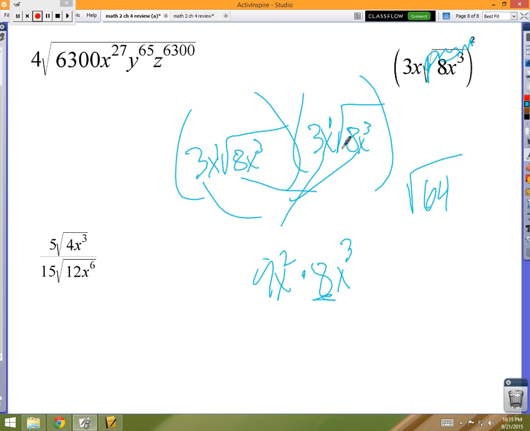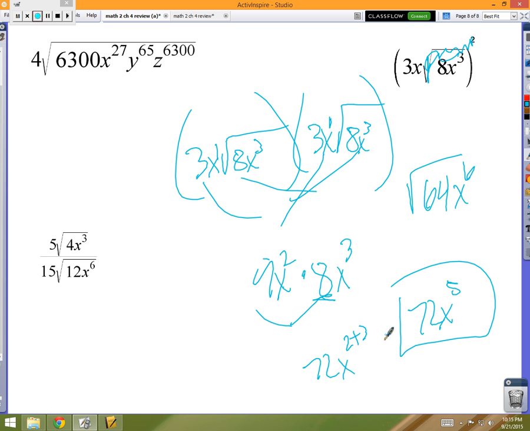And then x cubed times x cubed is x to the 6, and the square root of x to the 6 is x cubed. So now times the 9 and the 8, that's 72. And times your x squared times x cubed, so it's going to be x to the 2 plus 3. So it's going to be x to the 5th. 72x to the 5th is your final answer.